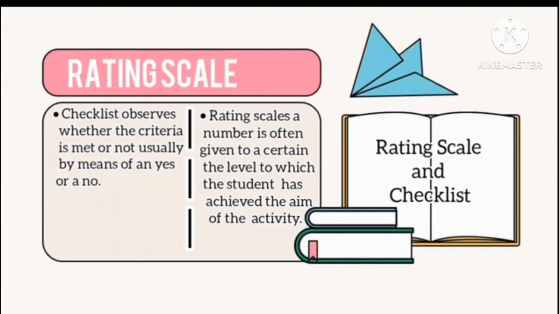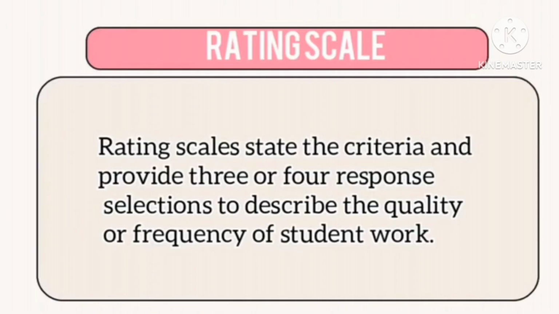So, in a checklist, the teacher observes if the criteria will be met. For example, you put yes or no if the student did this activity. While in rating scales, the teacher would observe if the students achieve that kind of activity, so the teacher rates the student.